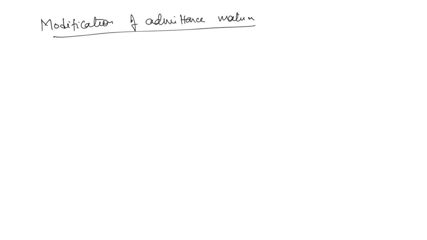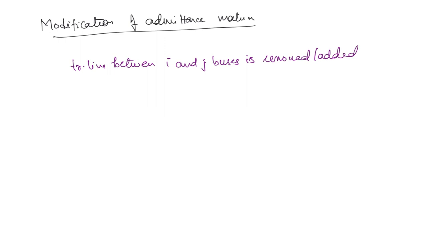One more topic here is the modification of the admittance matrix. So how to do that? Let us say the transmission line between buses i and j is removed or added. Okay, so what is going to change? Small yij is the only admittance that changes.